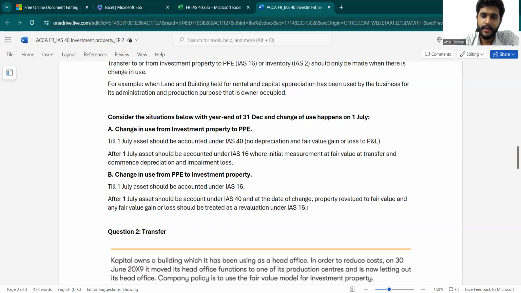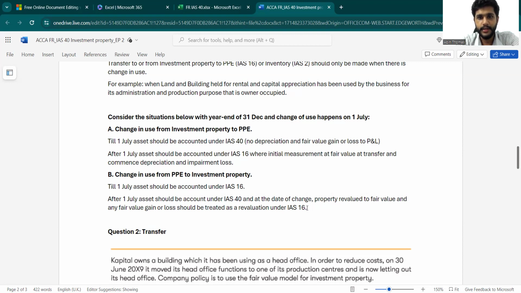Why? Because until that date, it was considered an IAS 16 asset. So whatever gain or loss happened at the date of change should be considered under IAS 16. If there is a fair value gain, we have to book that gain under OCI. Remember our IAS 16 standard.